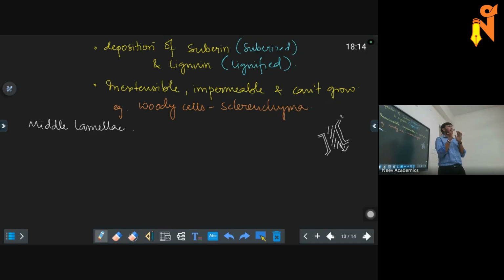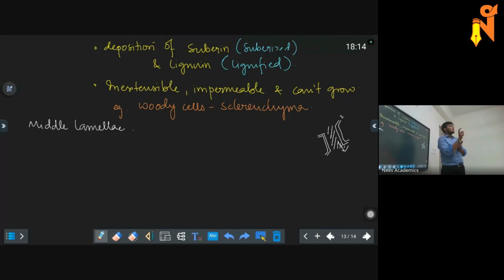So middle lamella holds the adjacent cells. It is just like cement for the bricks. To hold the bricks, we put cement in between. Same way, the plant cell uses middle lamella between the cells to hold them. Now, I define middle lamella as an amorphous cementing material.